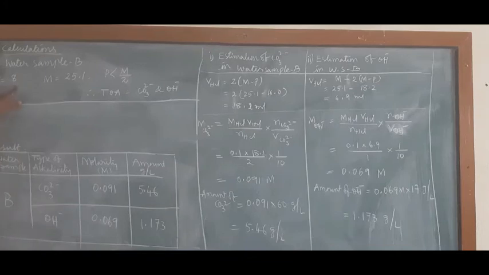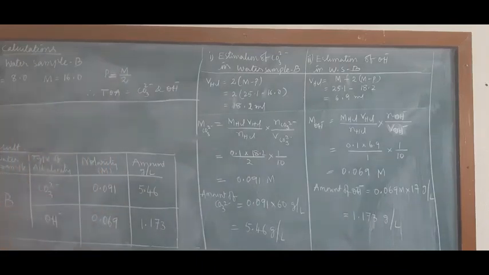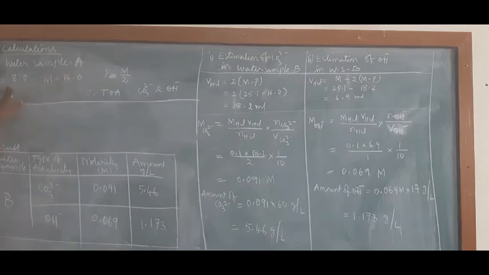While doing the titration with phenolphthalein, 8 is the end point, and M value is 16 or 16.2. If we get like this, P is equal to M by 2 is the relation. Suppose another water sample, I am taking it as A. In case of A, P is equal to 8 and M is equal to 16. Then P is equal to M by 2.